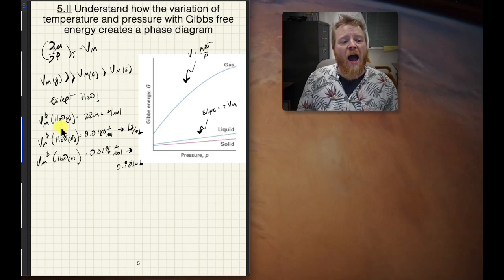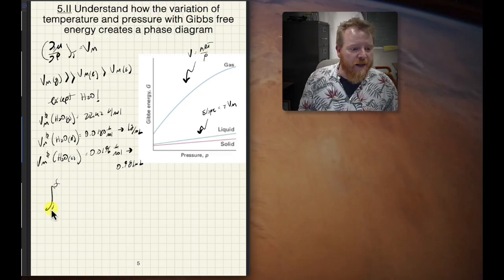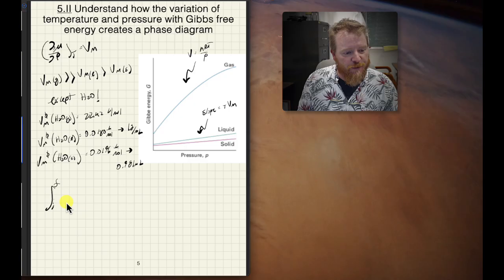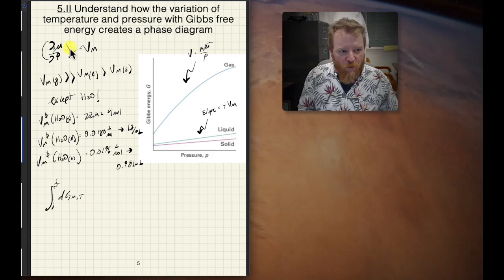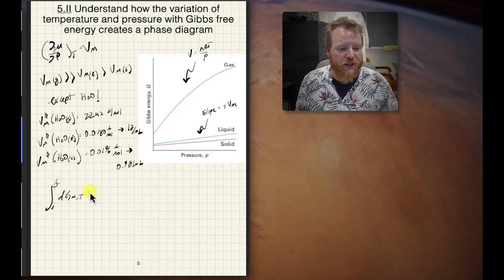So now we have to figure out how we can get this relationship to describe this gas phase line. So we're going to integrate an expression from initial to final. We're going to integrate dGm at constant T, because that's what this relationship is.